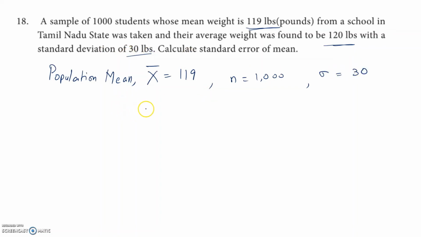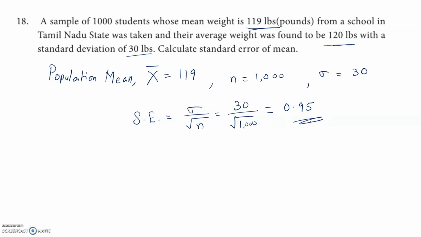Therefore, our standard error is given by sigma by root n. And what is sigma? Sigma is 30 here, divided by root of 1000. Simplifying, you will get 0.95.